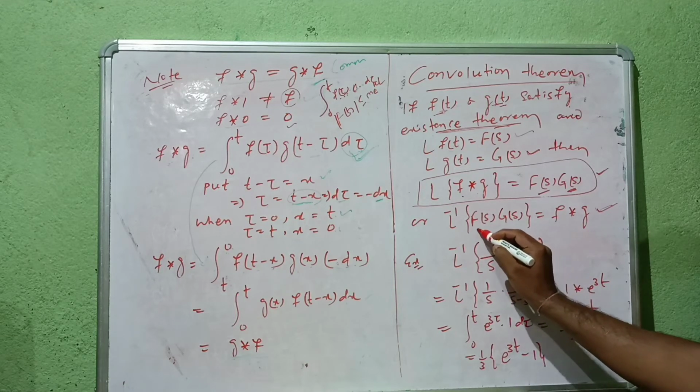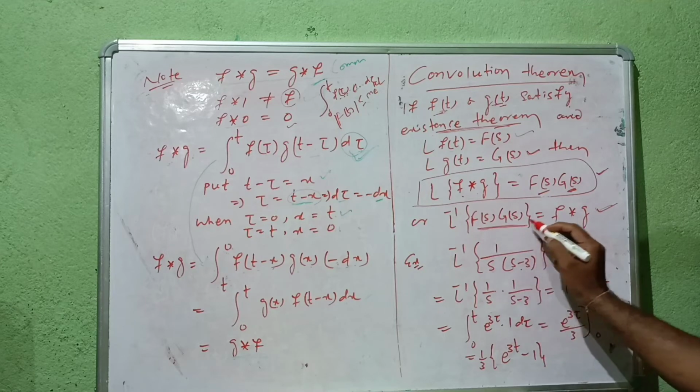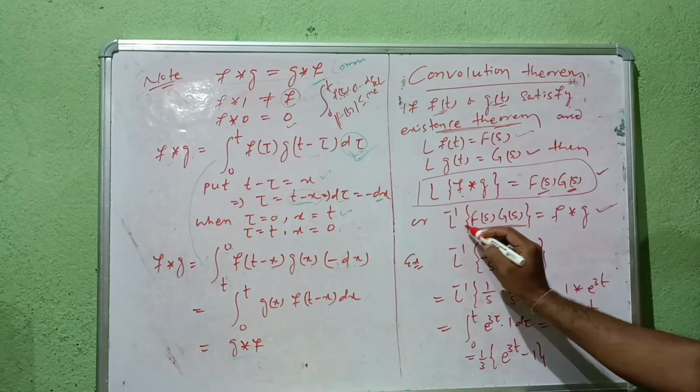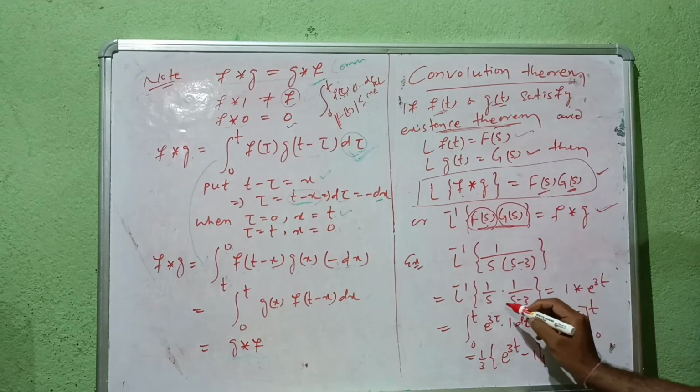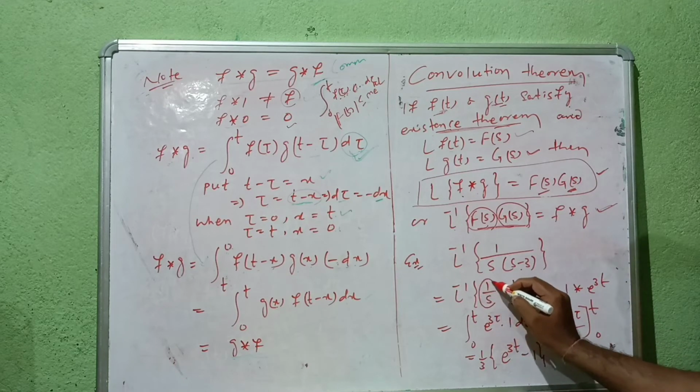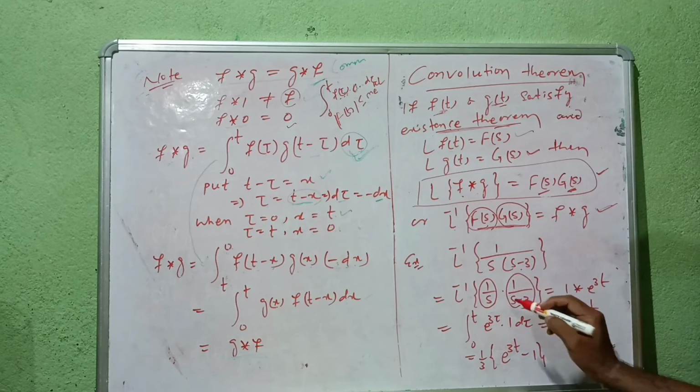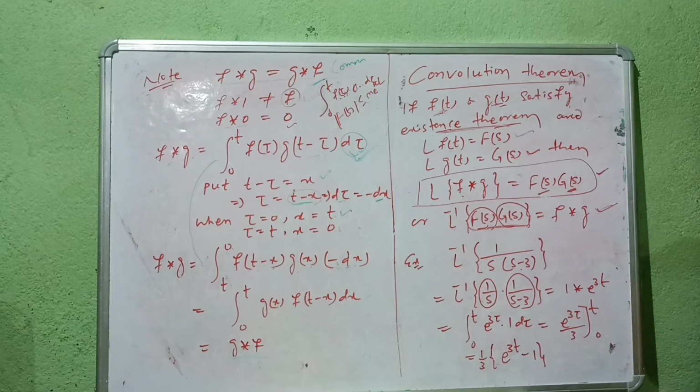Now, if you compare with this theorem, what does it say? Laplace inverse of F(s) into G(s). If you compare, this is F(s), this is G(s). We have to remember how to apply this theorem.